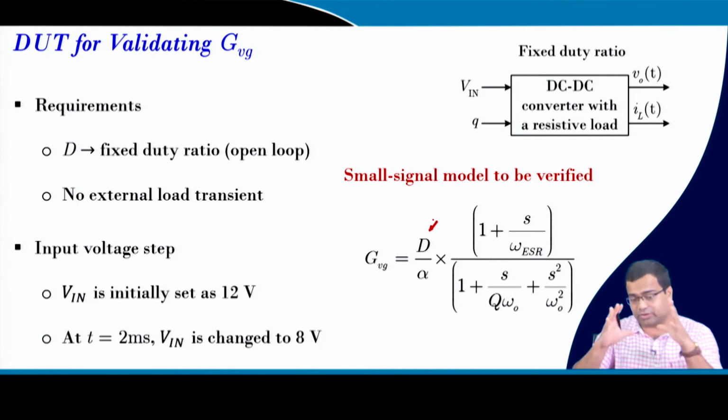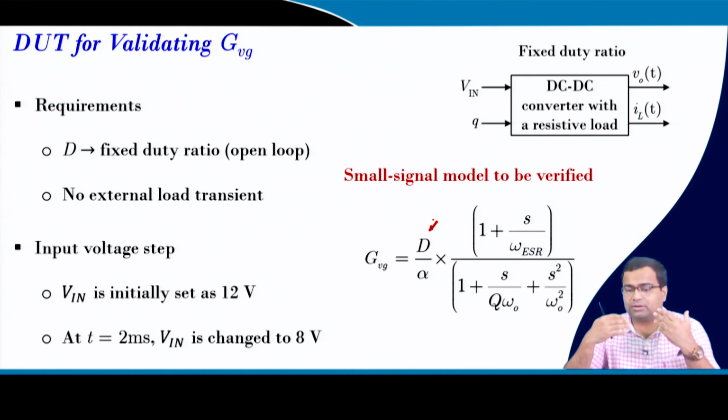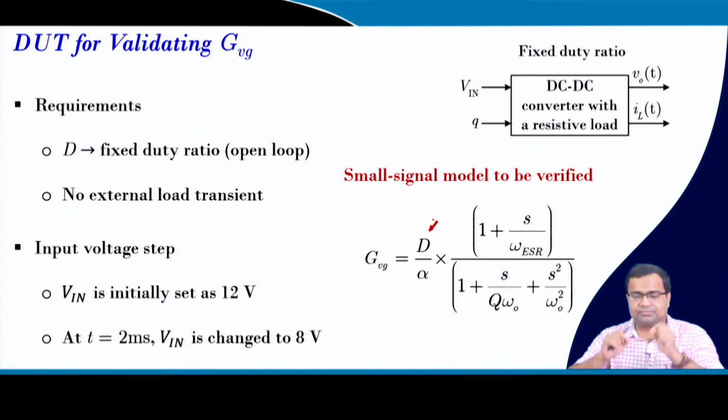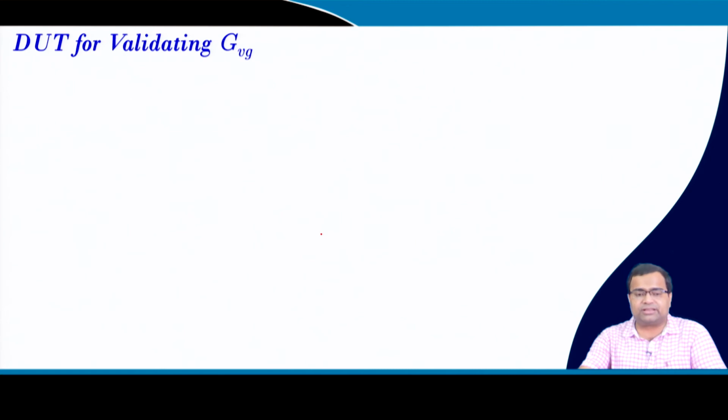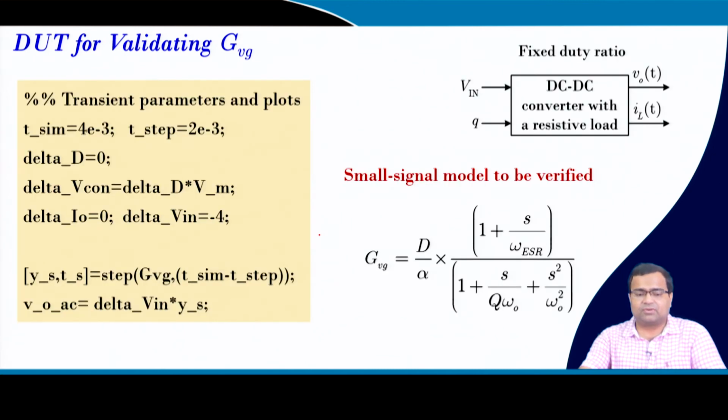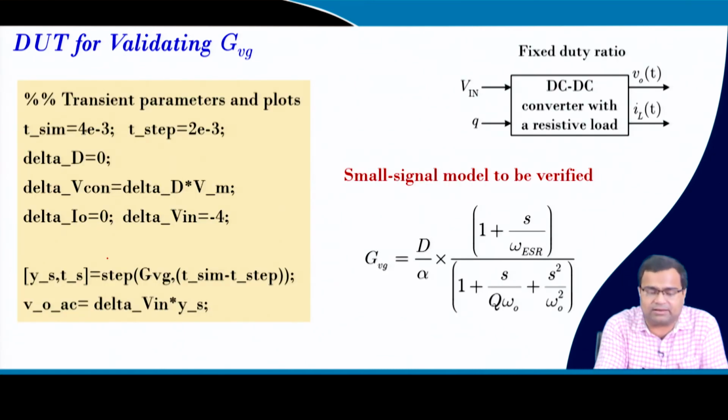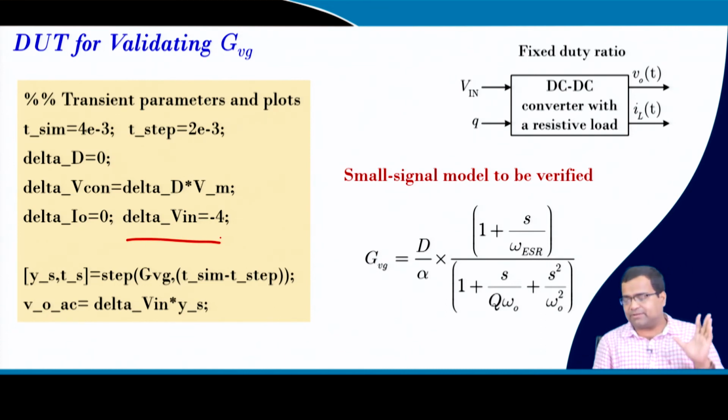When the input voltage has changed in the actual converter, if you keep the duty ratio, naturally the output voltage will get shifted. So, we have matched all 3 responses fine, and this is what I have already explained, minus 4. It is perfectly fine.